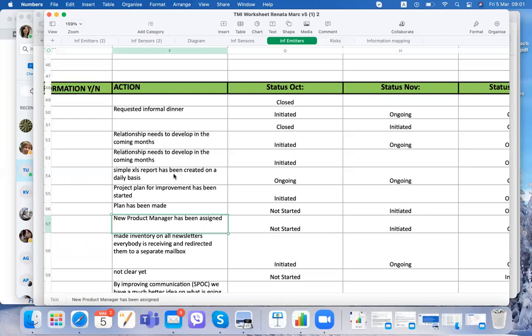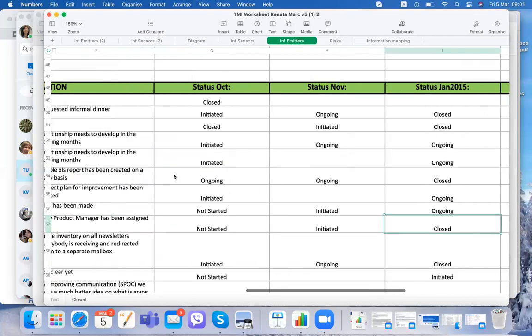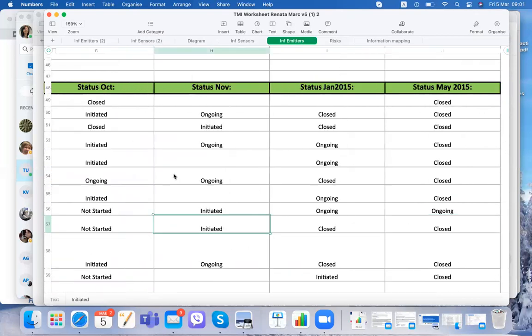Having the information from the client that a new product manager has been assigned is not directly in my managerial system, but it's information that I need. Otherwise, we will lose time and get surprised at the end. So things like that go into information emitters, and you will see status November, initiated, January, closed, ongoing.